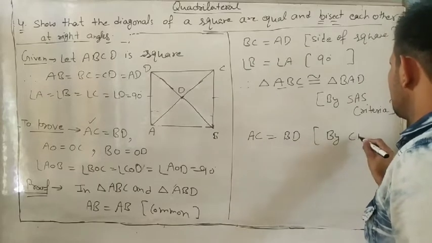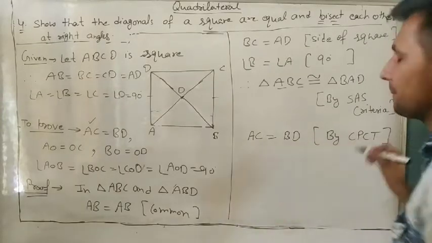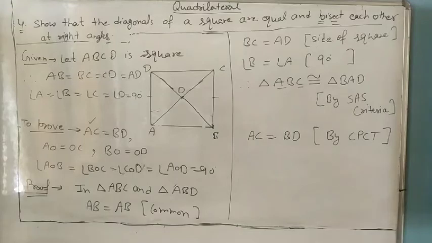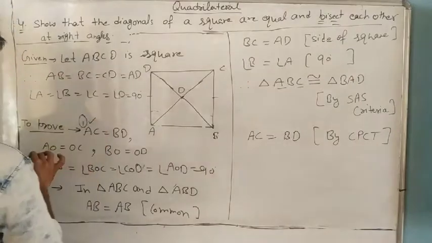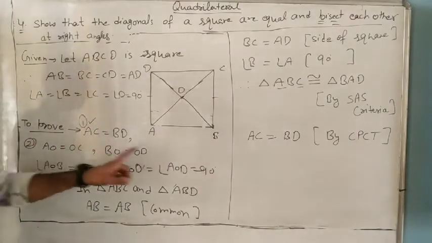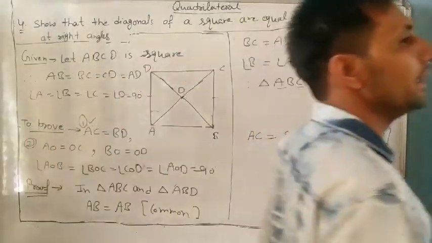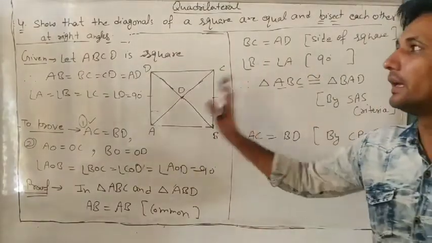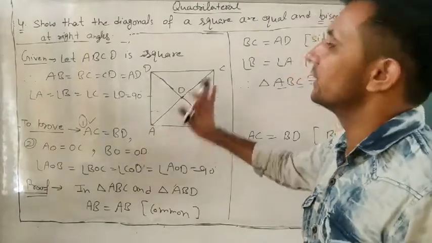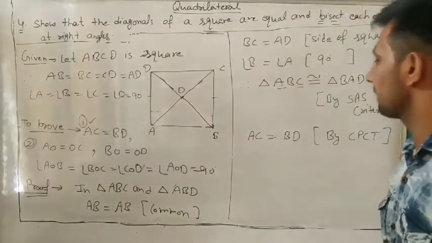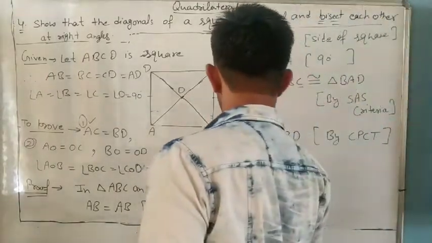By CPCT. CPCT means corresponding parts of congruent triangles. So it is the first part of this question. We already finished. AC equal to BD. So diagonals are equal. Always remember, in a square the diagonals are always equal. We already proved it.